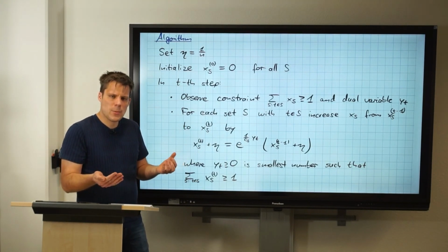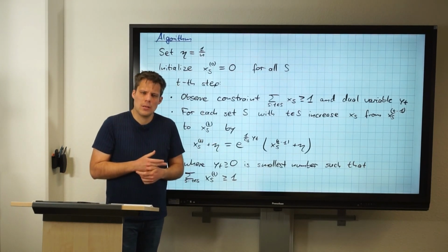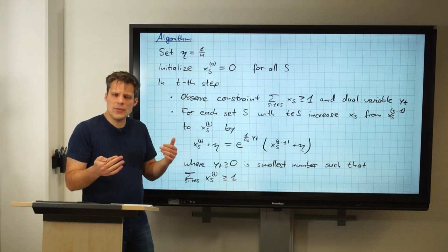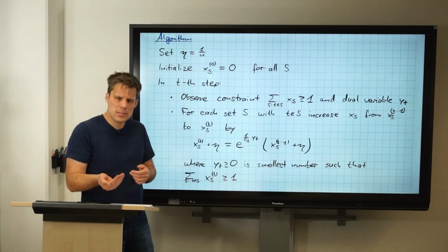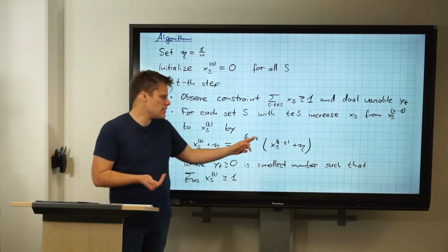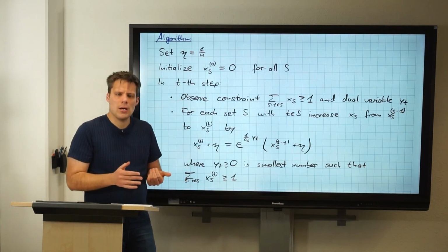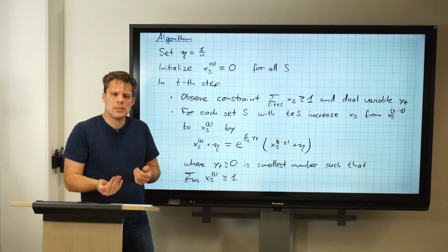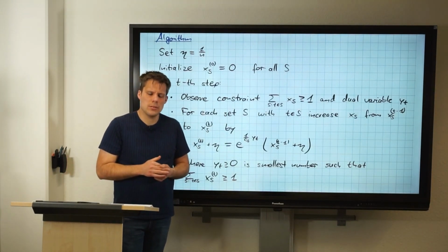And then this yt, just by this construction, makes sure that an offline optimal solution cannot be much better than this, because at all times these yt encode an almost feasible dual solution, and the offline optimum cannot be much better than this dual solution.